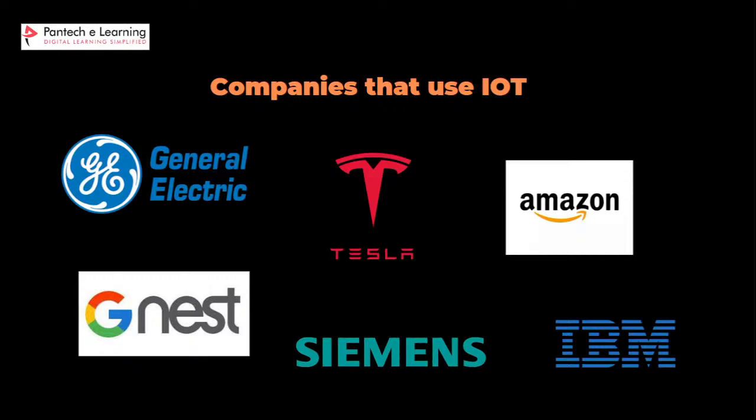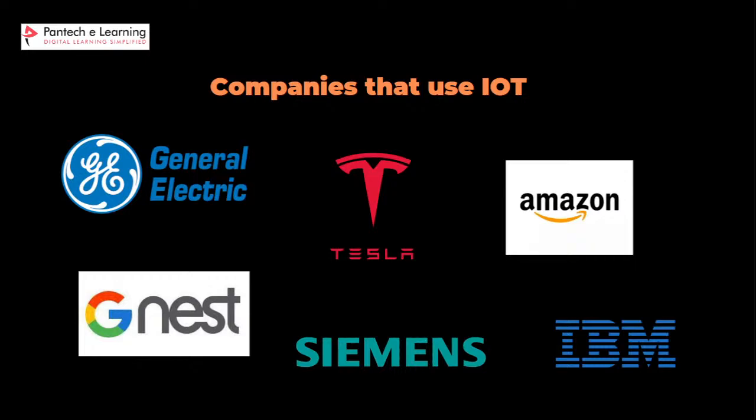Many companies are using IoT in a wide range of industries actually. Here are some, I just drew a few companies here. So if you take Amazon, it uses IoT to power its Echo and Alexa devices, which allow users to control smart home devices with voice commands, right?